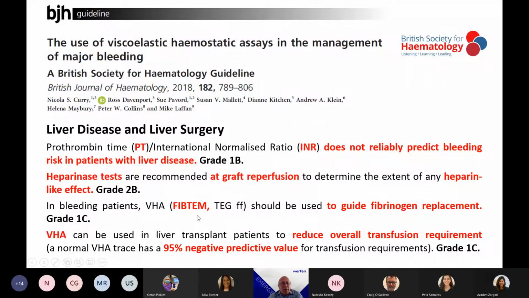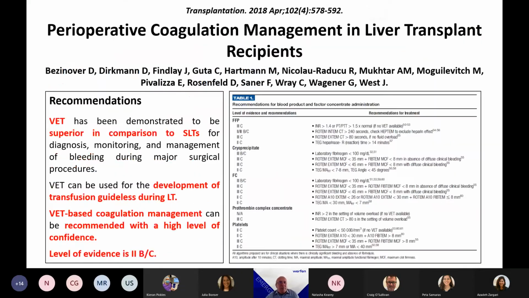They also focus on the FIBTEM, or functional tests, to assess fibrin polymerization to guide fibrinogen replacement in this patient population. And they also point out the very high negative predictive value, which should be used to identify what is helpful and what should not be given.